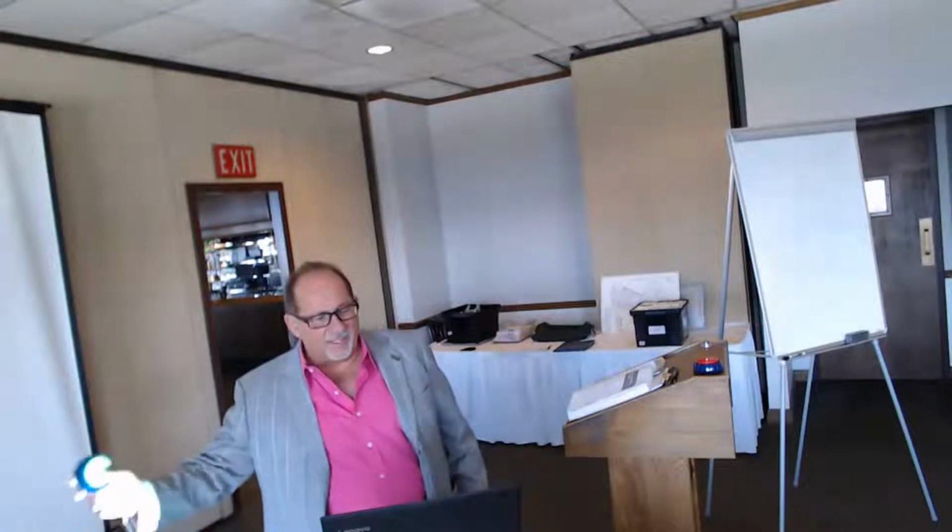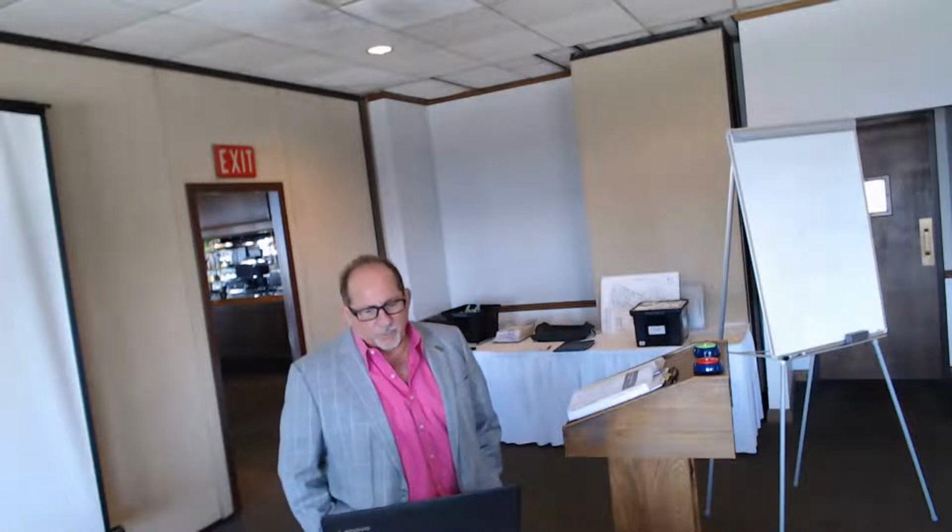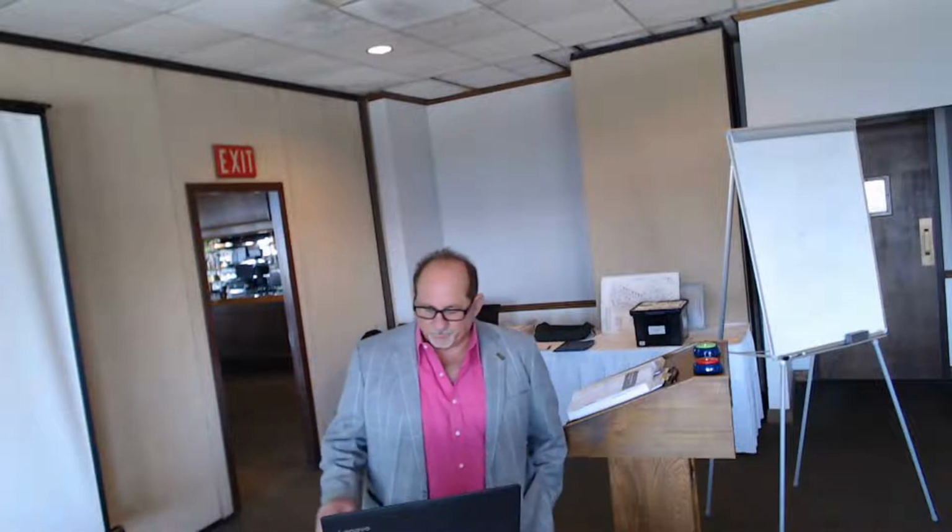And if there is financing involved, the lender needs to give a formal loan commitment. Typically the agreements are contingent upon the lender giving a formal loan commitment that the buyer is ready to go and we're ready to close the transaction.